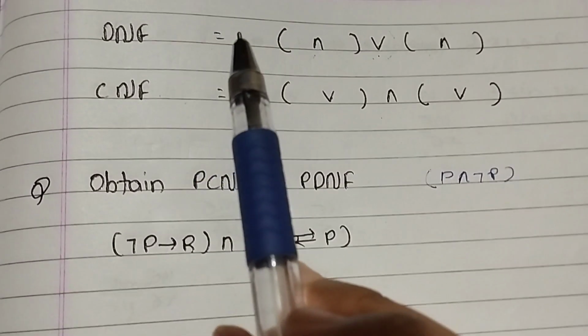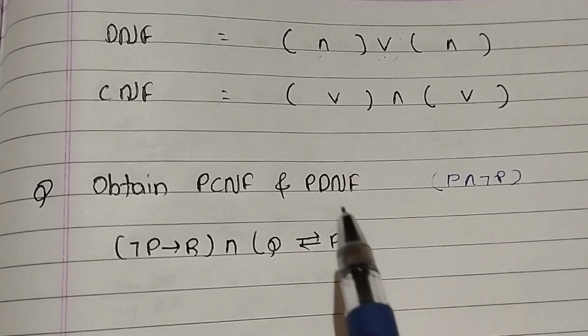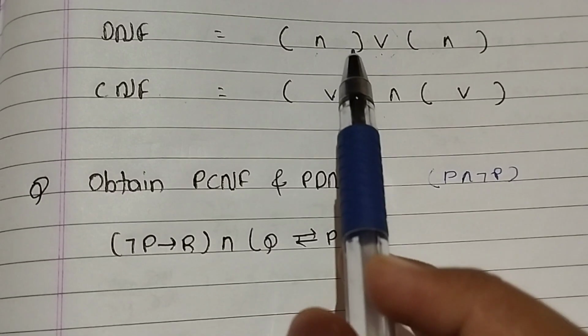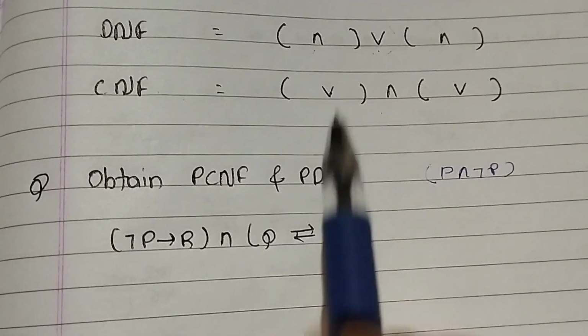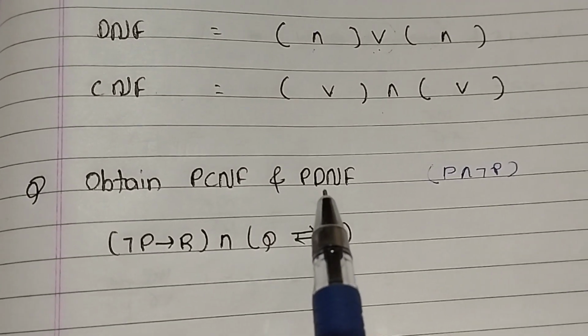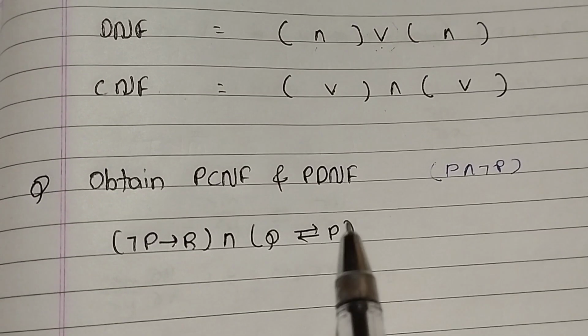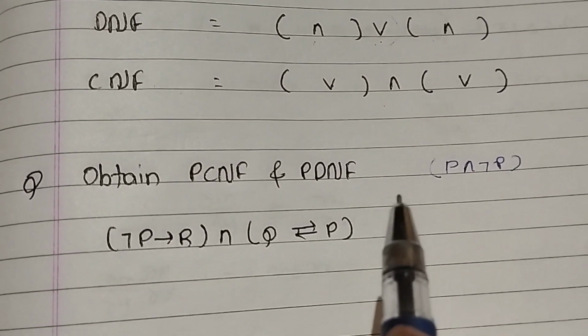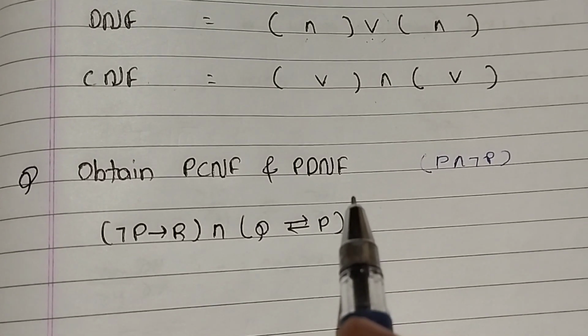But DNF has no such condition: if 3 variables are present in the whole equation and a small bracket is formed with any 2 variables, there is no issue. But for PDNF, if the equation has 3 variables, every small bracket is formed with the 3 variables.